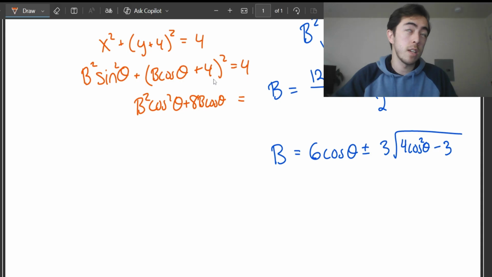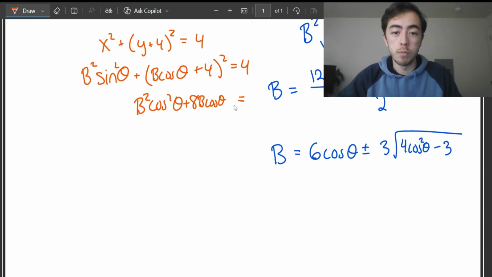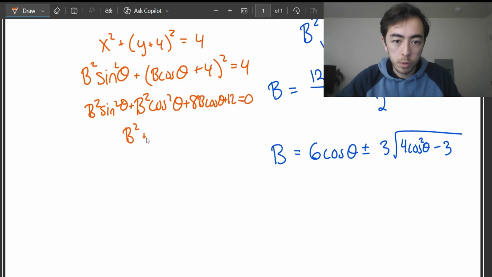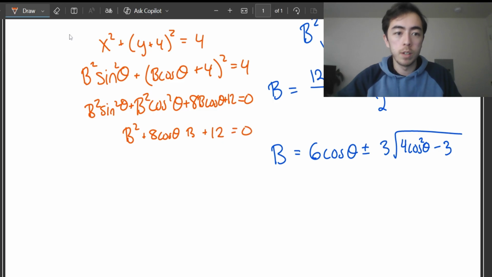That's going to be a 16, but subtracting the 4 over makes it a plus 12. Set that equal to 0. Still have this b squared sine squared theta. That will also combine to a b squared, again using that Pythagorean identity. We will have 8 cosine theta times b plus the 12 equals 0.